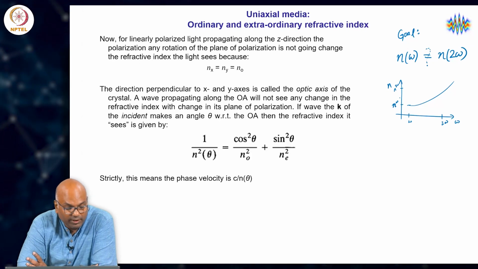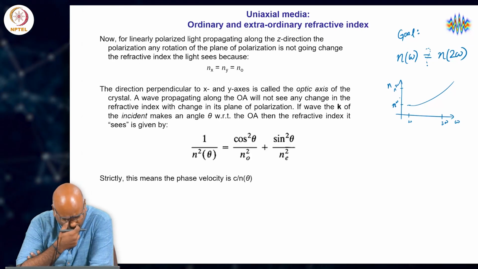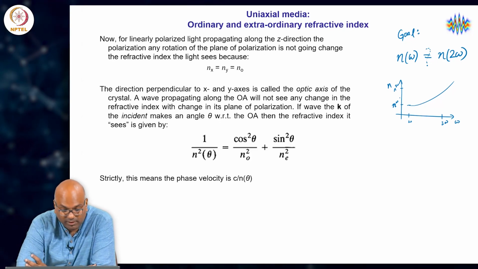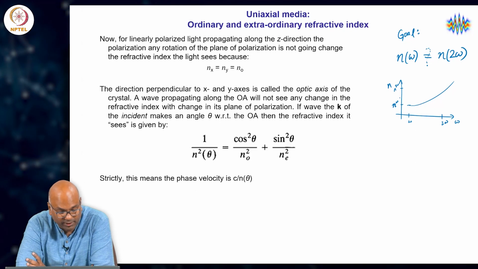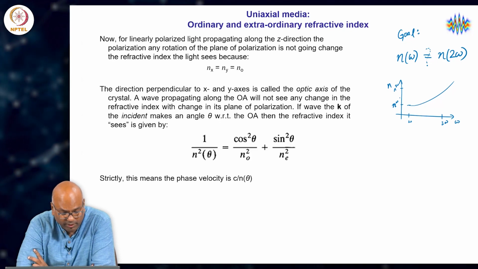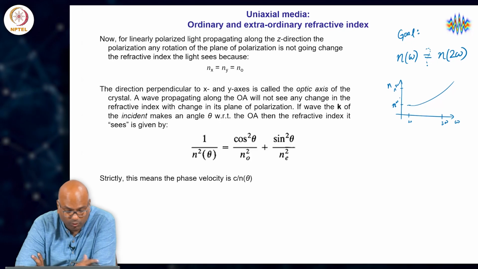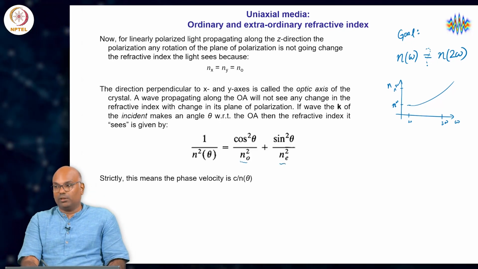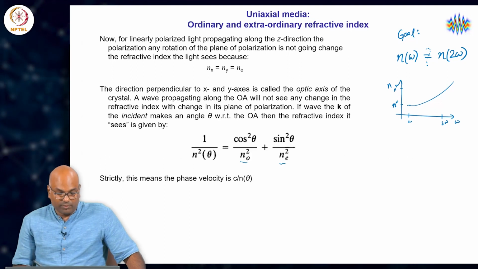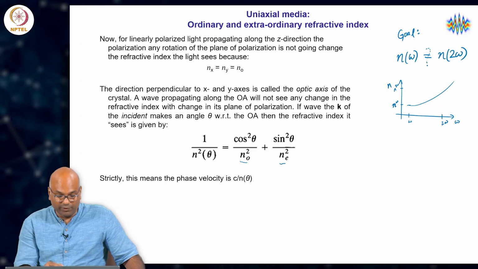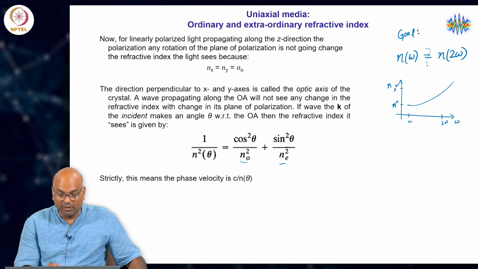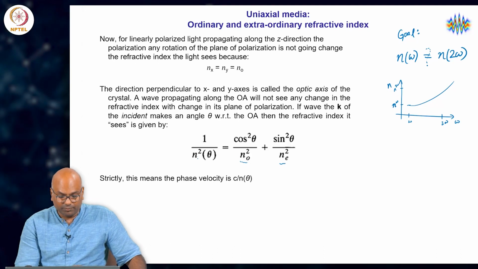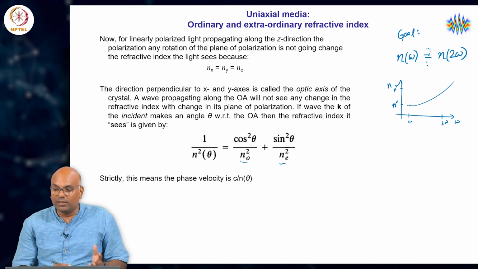So, now the special direction that we called the optic axis defines a symmetry axis for the case of uniaxial media, and n of theta relates to the two key refractive indices NO and NE through this equation: cosine square of theta divided by the square of NO plus the sine square of theta divided by the square of NE is 1 by n of theta squared, right. So, look at this equation.